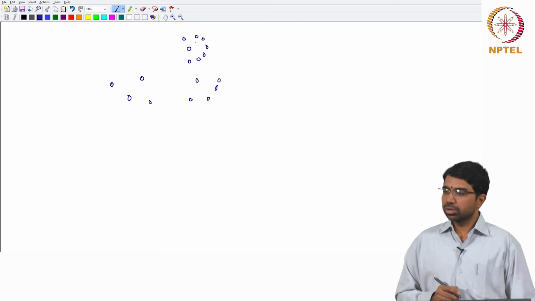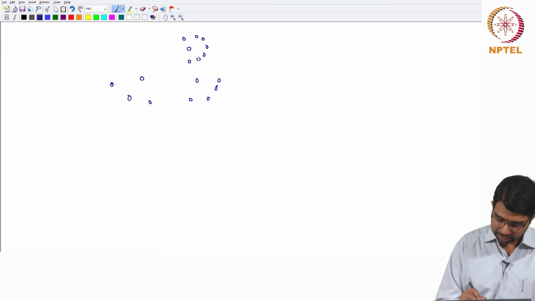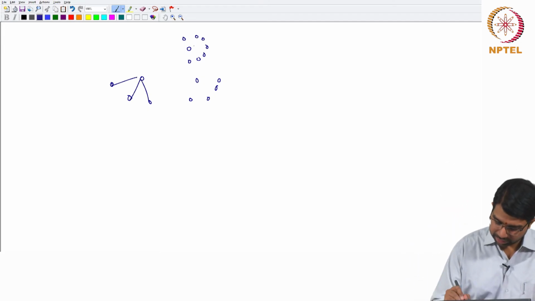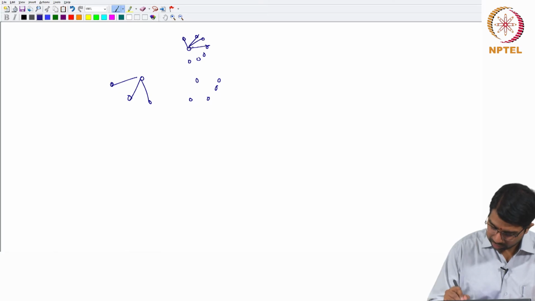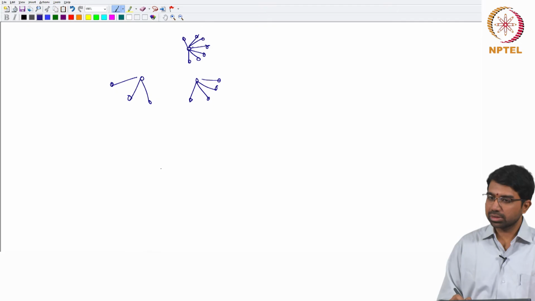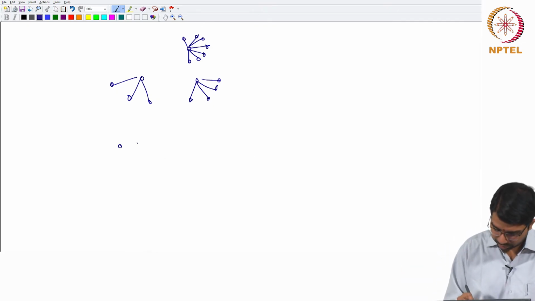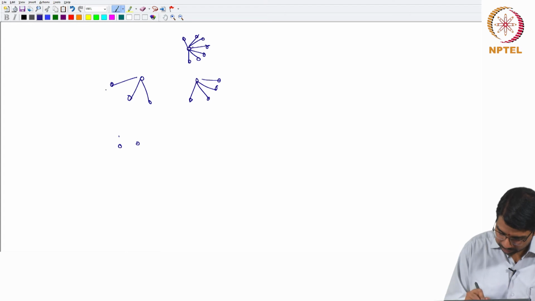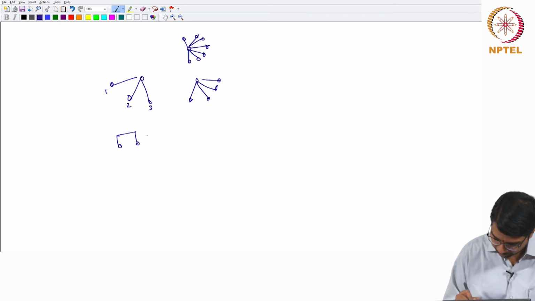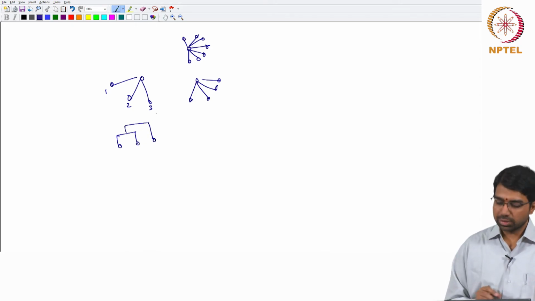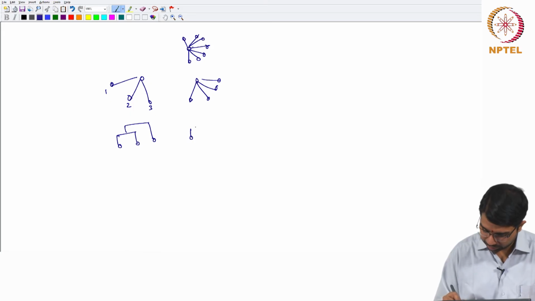Right. So, now let us start putting back the edges. We first add these edges, then we add these edges, then we add these edges, and this would correspond to the hierarchical clustering. So, let us say this is 1, 2, 3, something of this sort, and then these get added.